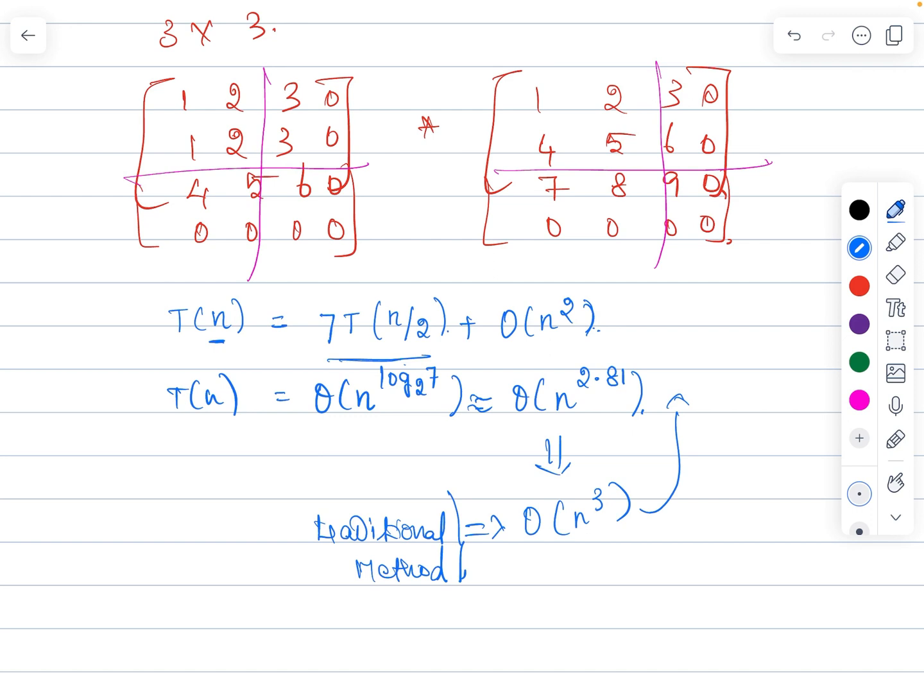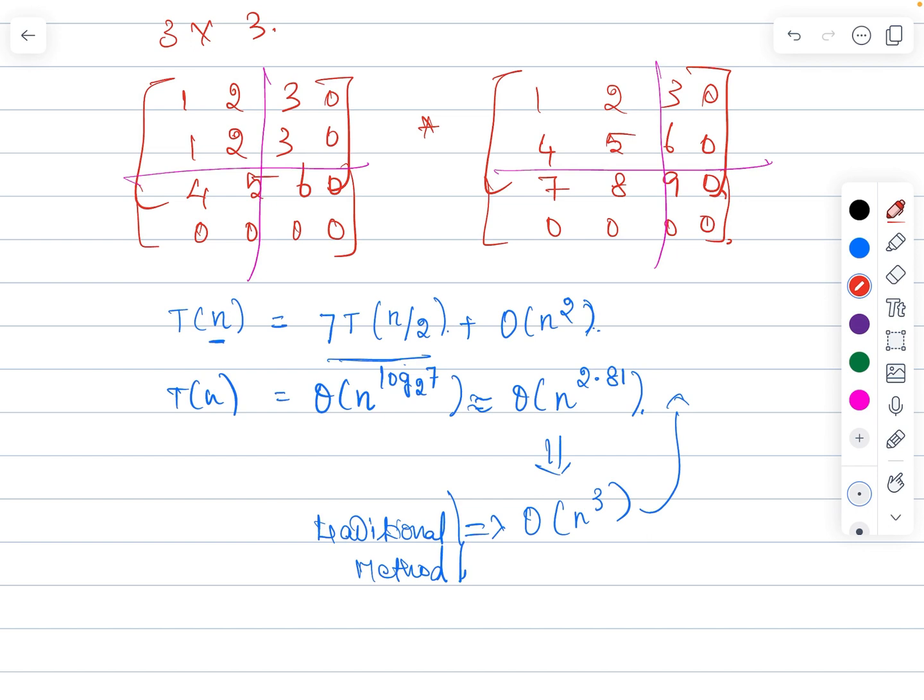This improvement is significant for large matrices, making Strassen's algorithm a valuable tool in computational linear algebra and computer science. However, for smaller matrices, the overhead of the divide and conquer approach may not be worth the savings in multiplication operations. So, Strassen's algorithm is most beneficial for large matrices.